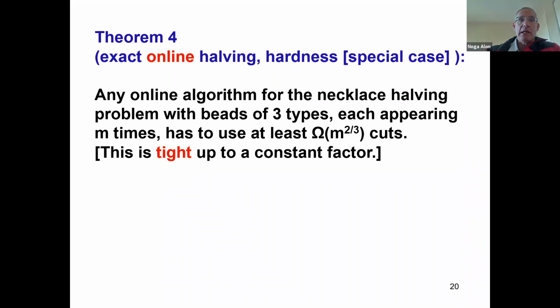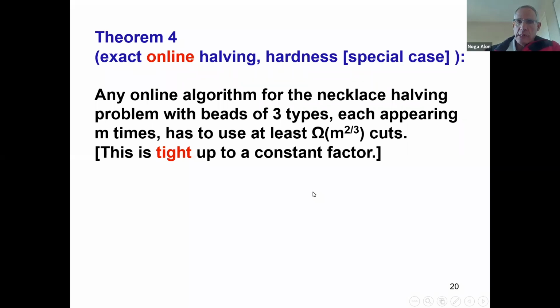We have 3 types of beads only, and we have m, let's say exactly m, or at most m beads of each type. Let me say exactly m for the lower bound. And we want to show that we need at least constant times m to the 2/3 cuts. And as I said, this is tight up to a constant factor, although I'll not talk about the upper bound.